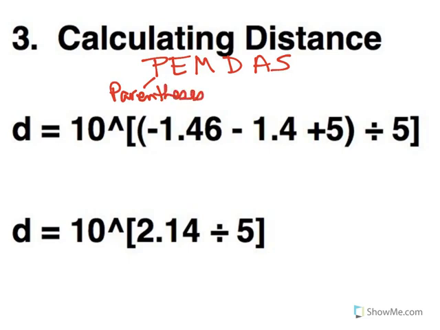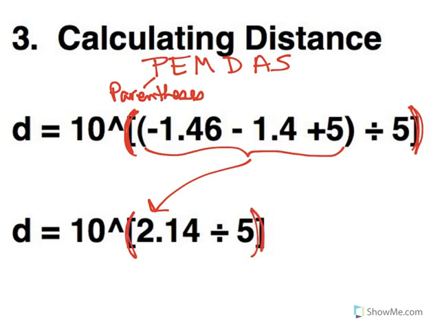And so the first thing we're going to do, the inner parentheses, negative 1.46 minus 1.4 plus 5, that gives us 2.14. So we're going to replace everything in the parentheses with the 2.14. We still have the minus 5. We can think of these as another set of parentheses here.